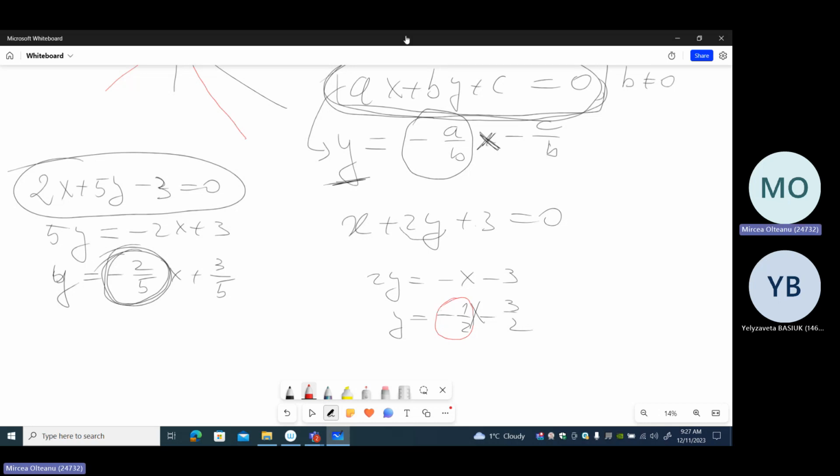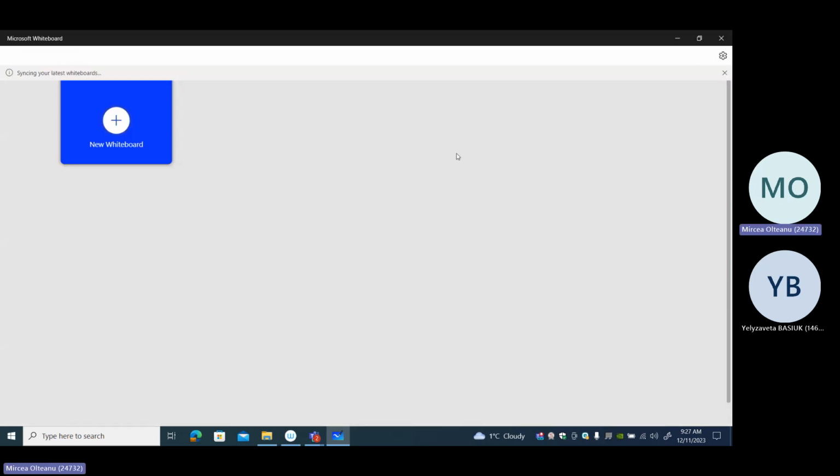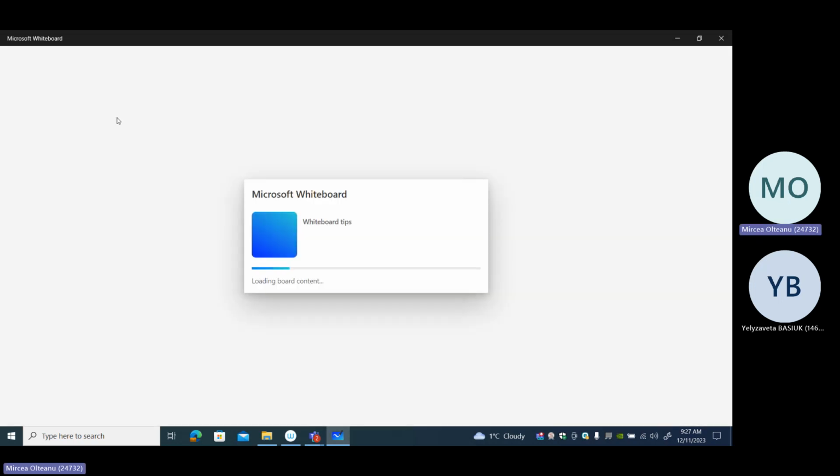Okay. And now another issue. From geometry, we know that we can write the equation of a straight line in two situations.